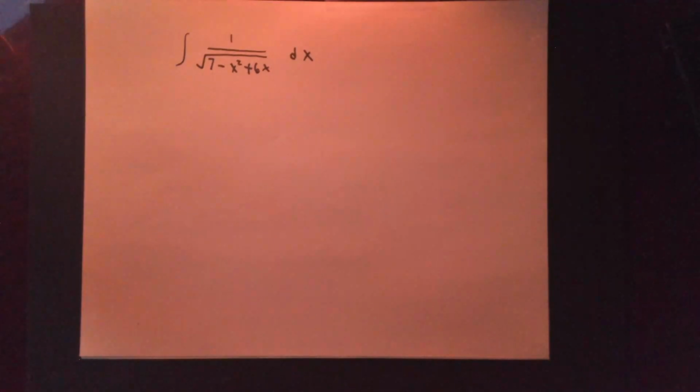I'm going to make several small videos like this, so for this one, the last example I want to look at is the integral of 1 over radical 7 minus x squared plus 6x. At first glance, that doesn't look like you can do anything with it, but if we use a common algebra technique, completing the square, we can actually do something with this.